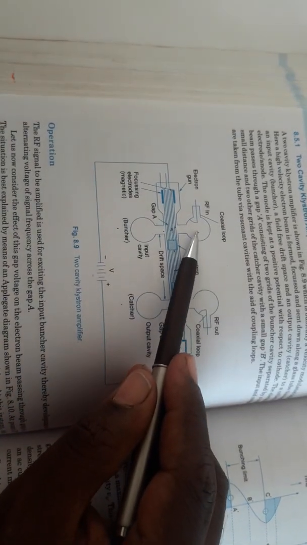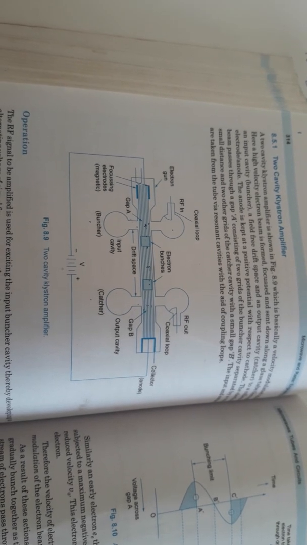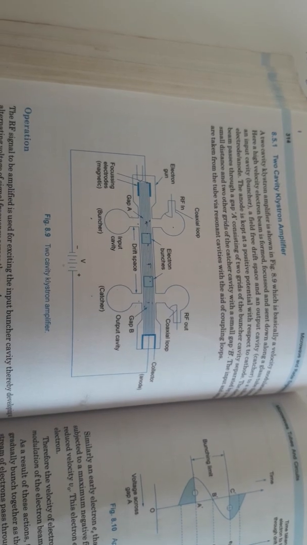These are nothing but the glass tubes which act, one as the buncher cavity and the second one as the catcher cavity. Now the two cavity Klystron amplifier basically depends on the velocity modulation process. How the velocity modulation process is done, that we are going to discuss in this lecture.